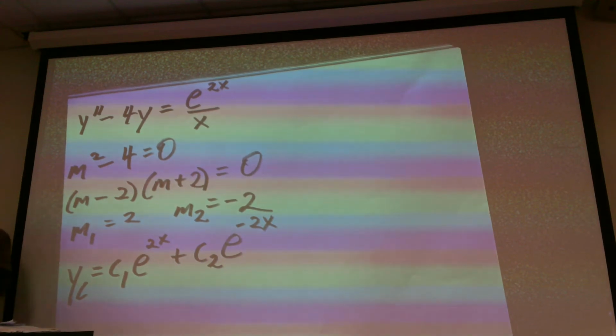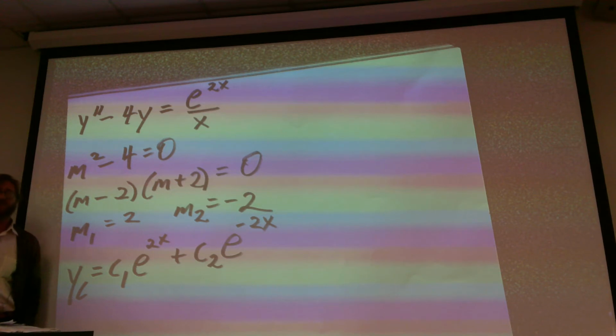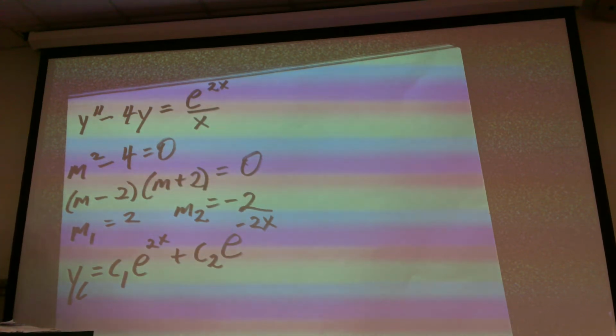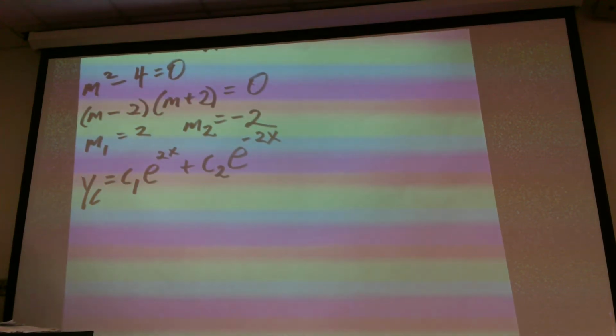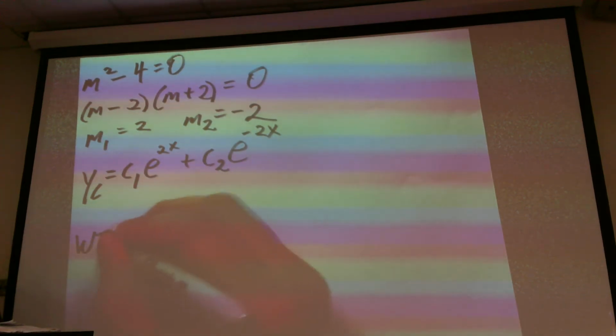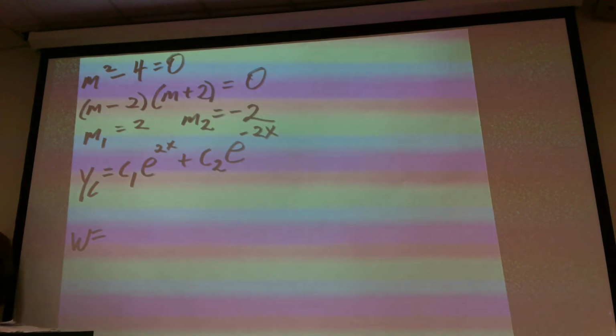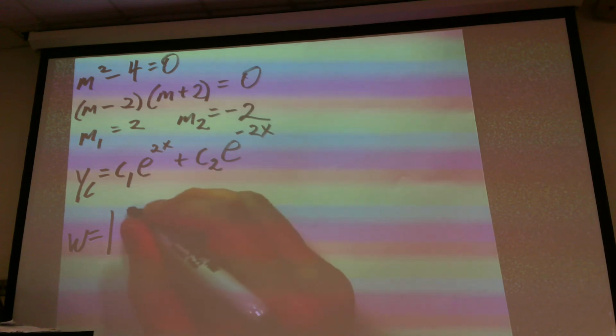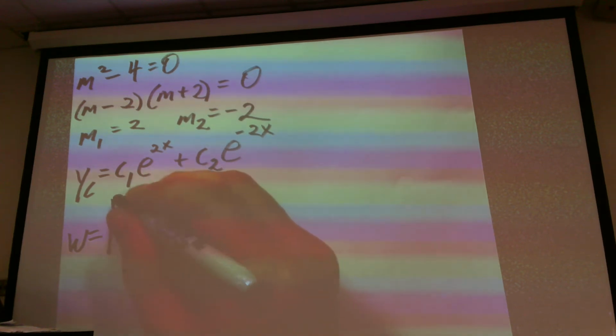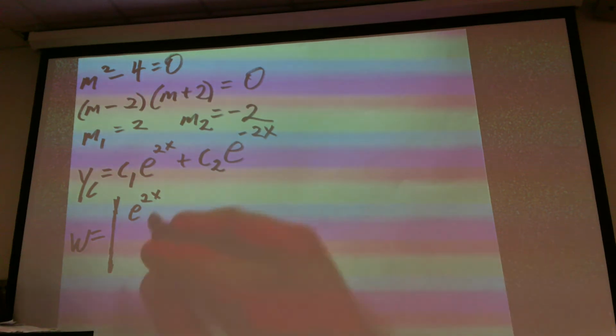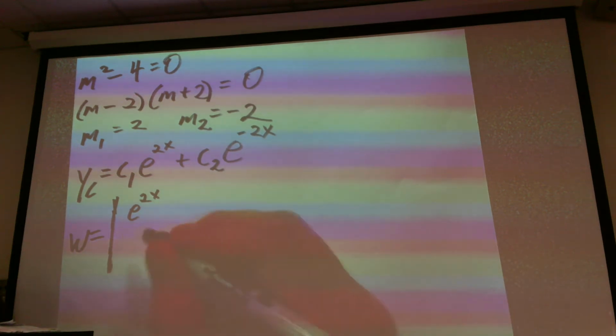Let's go ahead and find W, W1, W2, so that we get u1 prime, u2 prime, then get u1 and u2, and then we slap all of that together and get our complete solution. So, let's do W first. Remember, W is y1 and y2 and y1 prime and y2 prime. So y1 is just e to the 2x, and if I take its derivative, it would be 2 e to the 2x.